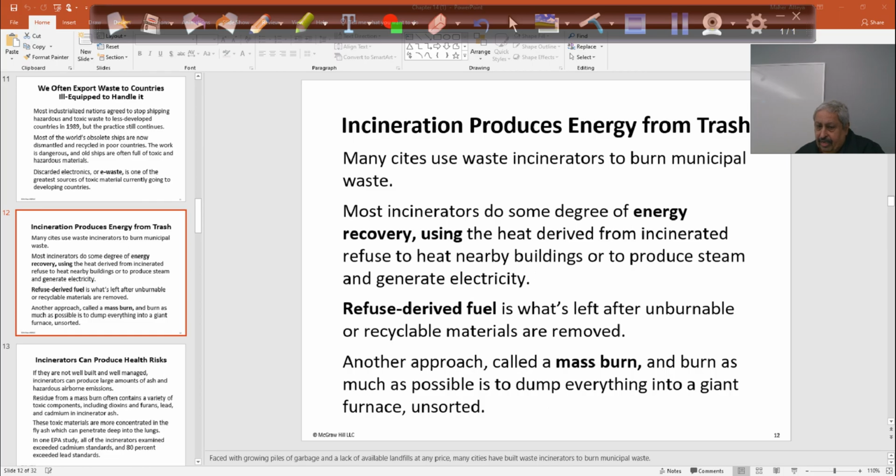Refuse-derived fuel is what is left after unburnable or recyclable materials are removed. A fuel will come out, okay? Mostly this fuel is gas, but if you have unburnable or recyclable materials, then there will be soot, like sludges, something that is not burning. With partial combustion, it will end up as soot.